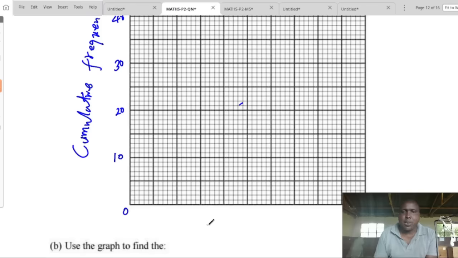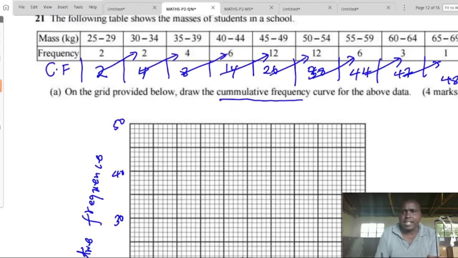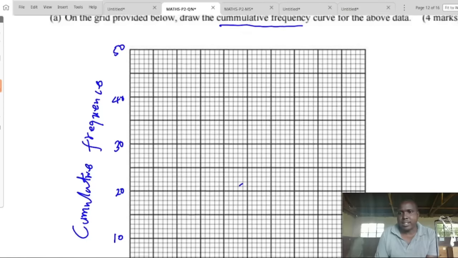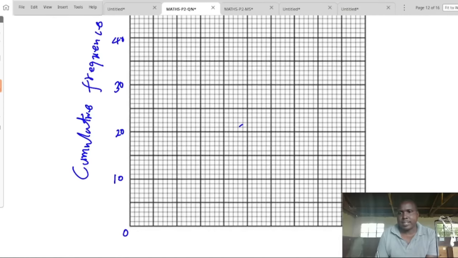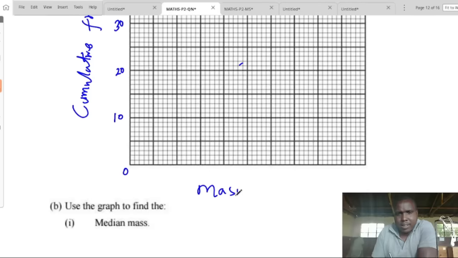Now here we will have the class. What we read here, we go back. This is the mass in kilograms. So you write here mass in kilograms.